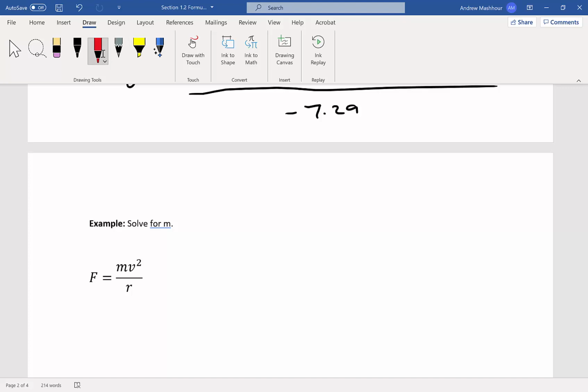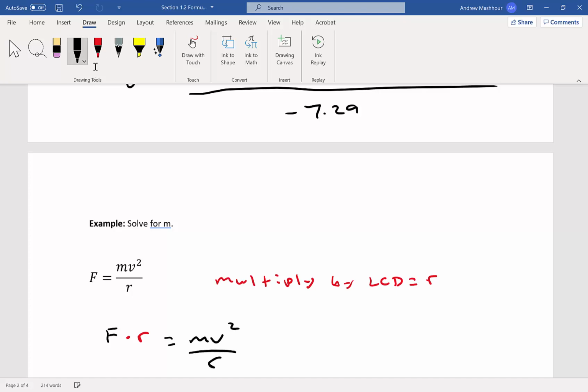So I'm going to multiply by the LCD. Our LCD in this case, since it's just one fraction, is just that denominator. So we're going to multiply both sides of the equation by r. So we have f times r is equal to mv squared divided by r times r.